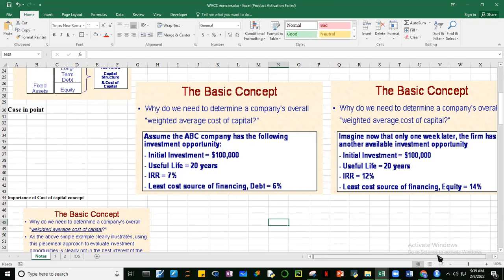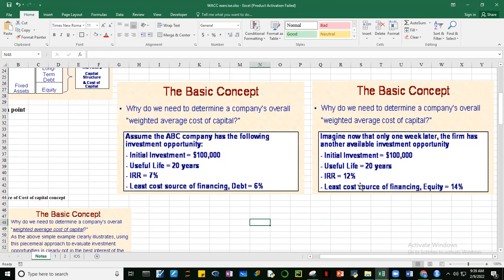Okay? Dito naman guys, baliktad. Ang IRR 12%, tapos ang ginamit nila cost of equity 14%. Okay? Usually guys, yung cost of debt is lower than the cost of equity. Okay? Because of the risk involved in cost of equity, no? So had the weighted average cost of capital been lower than 12%, okay?